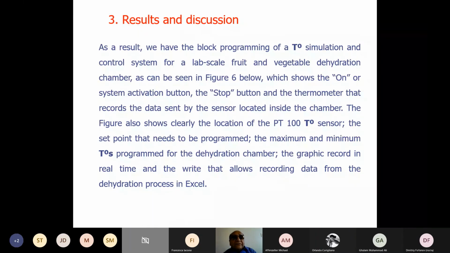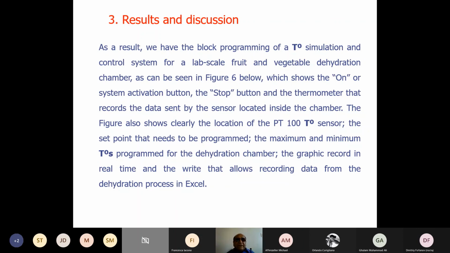Results and discussions. As a result of the developed programming of the temperature simulation and control system for a large-scale fruit and vegetable dehydration chamber, as can be seen in Figure 6 below, it shows the on button for system activation, the stop button, and the thermometer that records the data sent by the sensor inside the chamber.